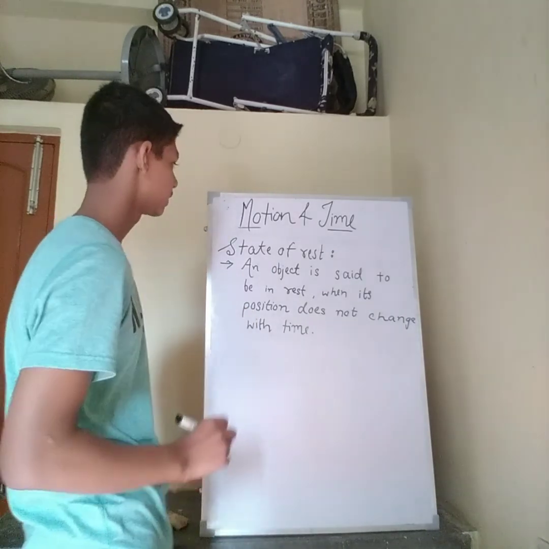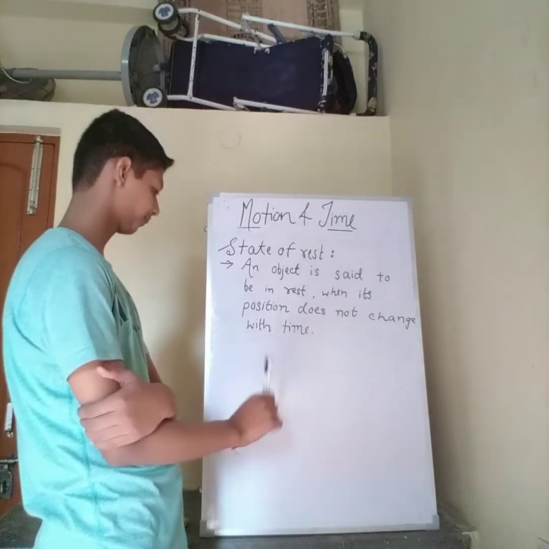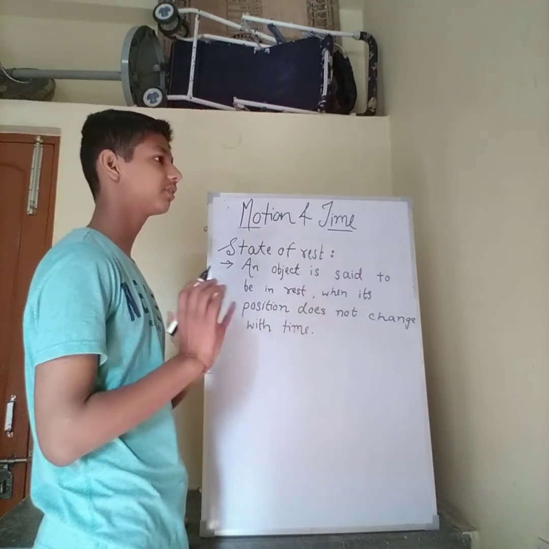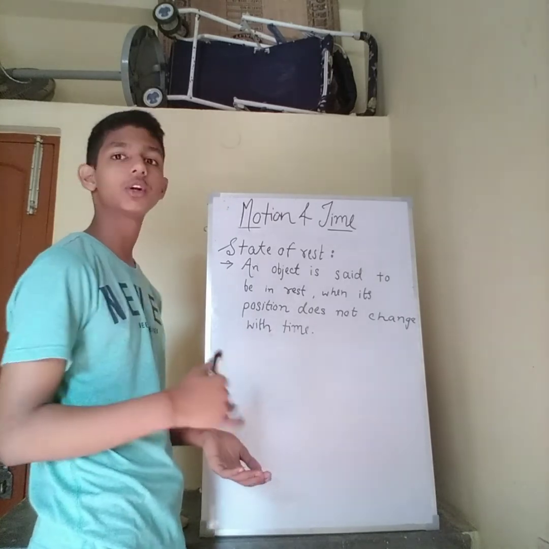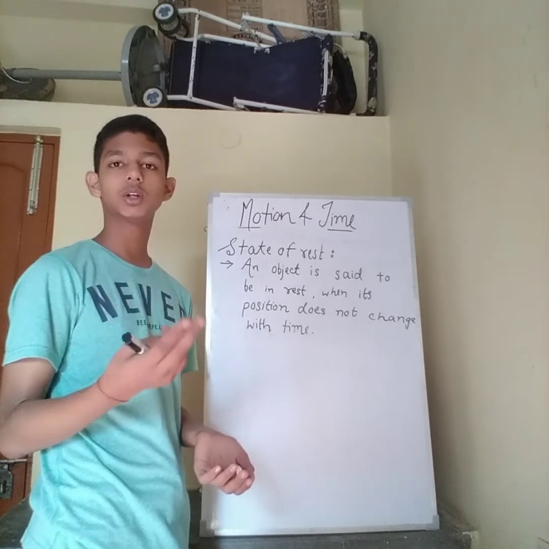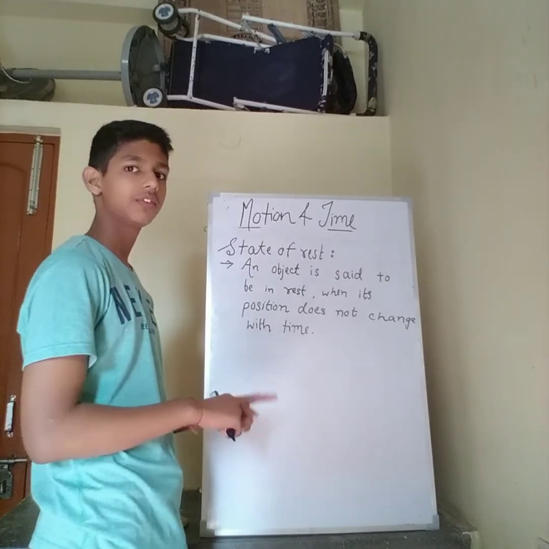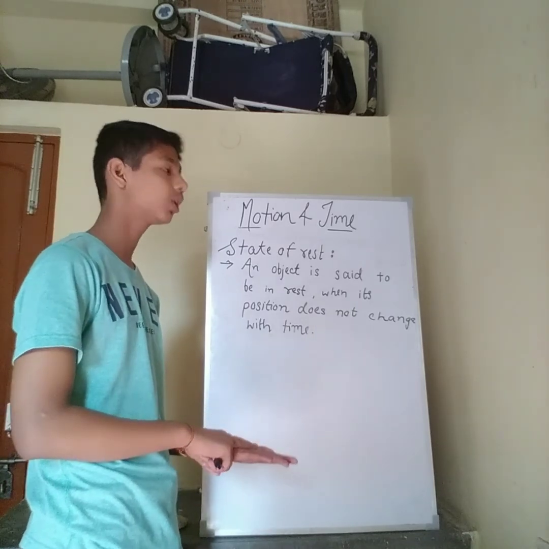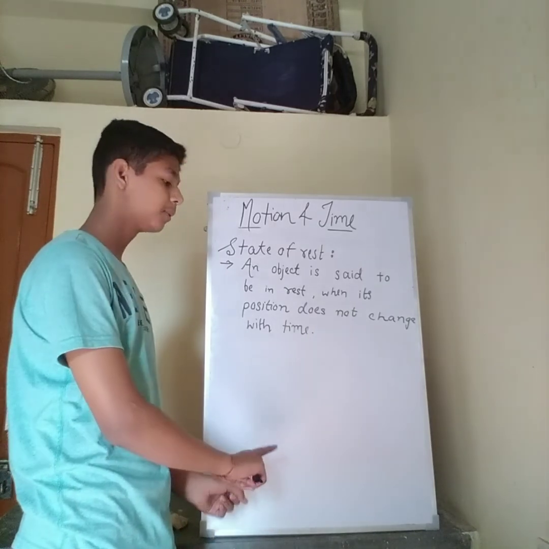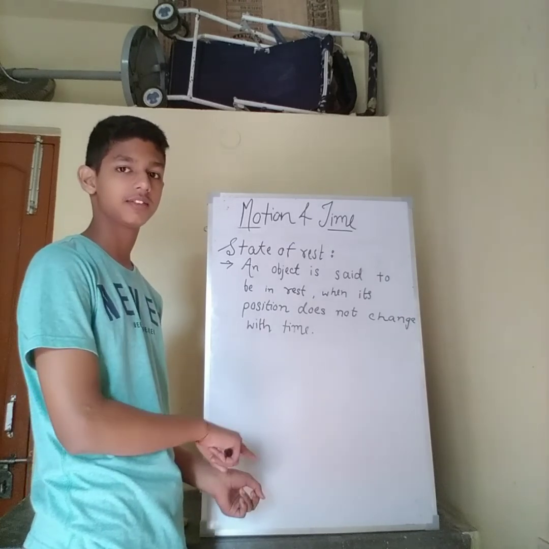It means, suppose an example we are taking. Suppose you have kept a book on a table and left it for 2 or 3 days. After 2 or 3 days, as you come into that room, if no one has disturbed the book, what you will observe is that the book's position is as it is, what you have left.